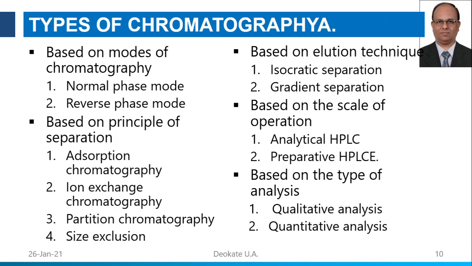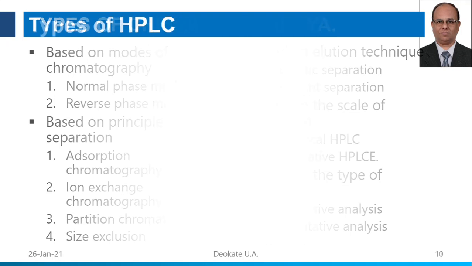Based on type of analysis, there is qualitative analysis and quantitative analysis: what is present and how much is present can be determined using chromatography. These are the various types of chromatography.